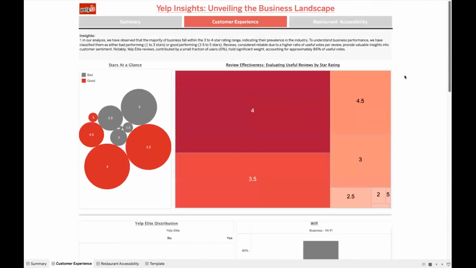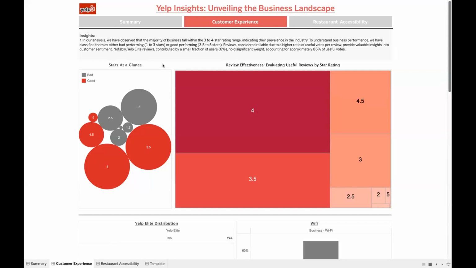Looking at customer experience, at a glance, most of our ratings fall under 4 stars, 3.5 stars, and 4.5 stars. And for the ease of understanding whether a restaurant is good or bad, we have classified our data into 2 sets. First is bad or not so well. If a restaurant is rated from 1 to 3 stars on average, then it falls under not so well.